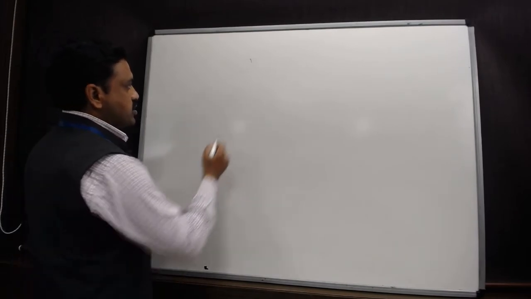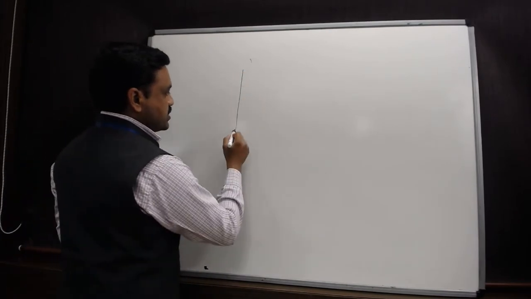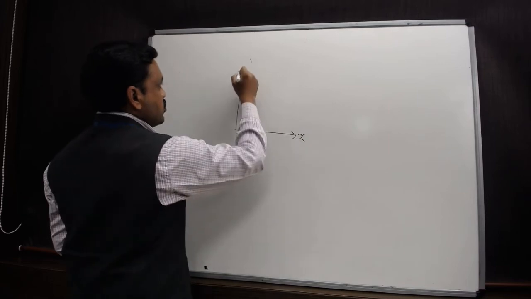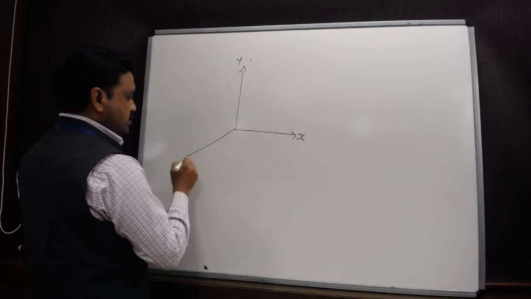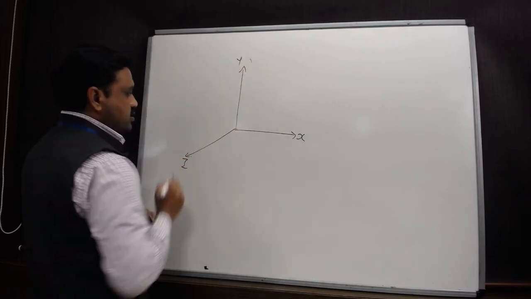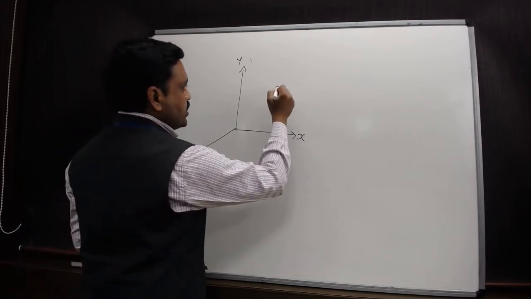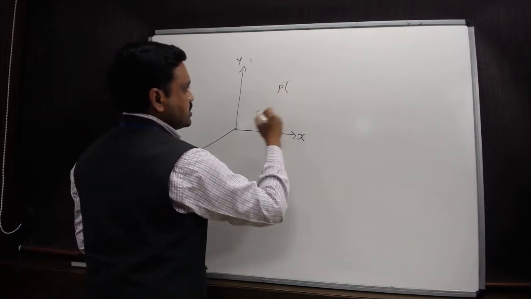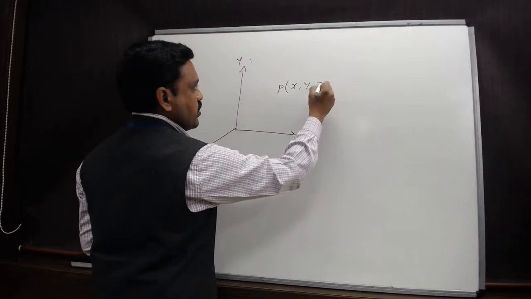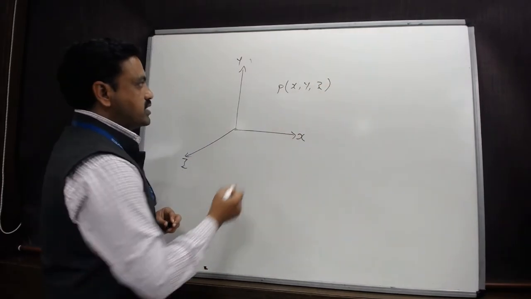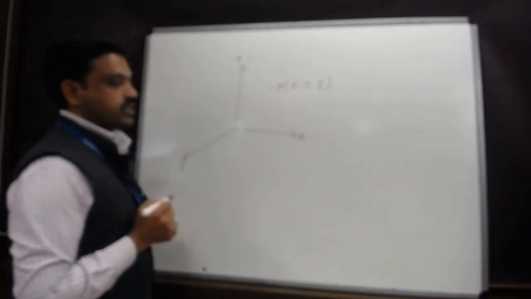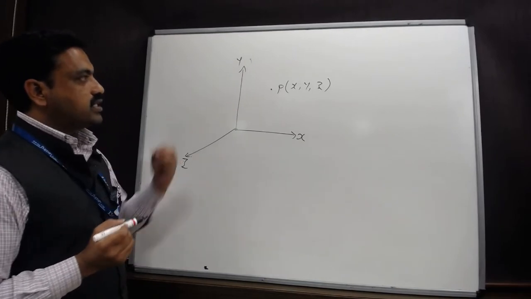Consider a three-dimensional coordinate axis, say x-axis, y-axis, as well as z-axis. Now, if I mark one point P, it has coordinates x comma y comma z. I can represent this point as a vector.